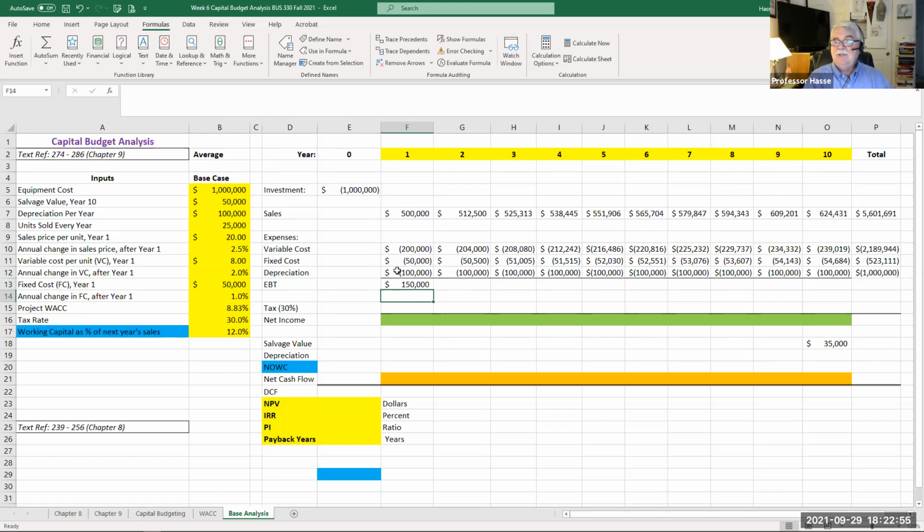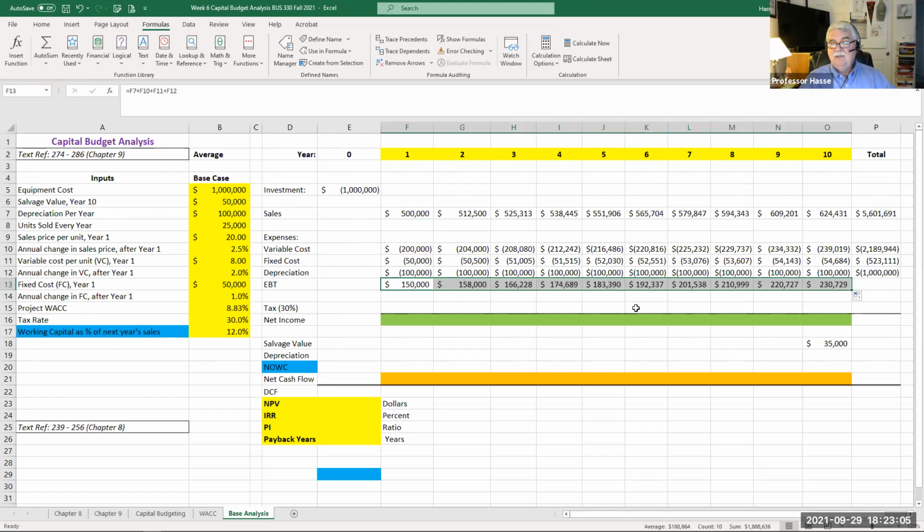That's my operating profit that I anticipate generating off this investment. And I just slide that formula all the way over, and there's my earnings before taxes for my project.